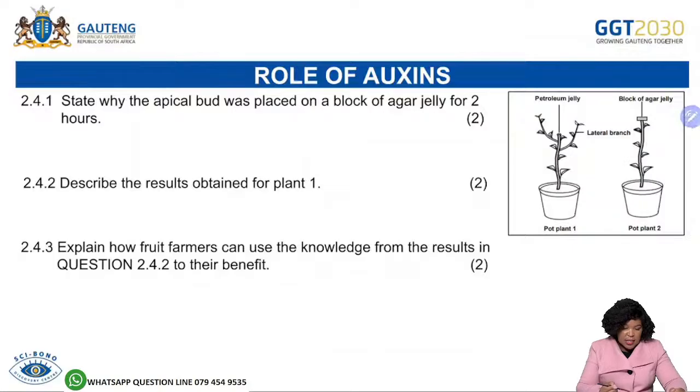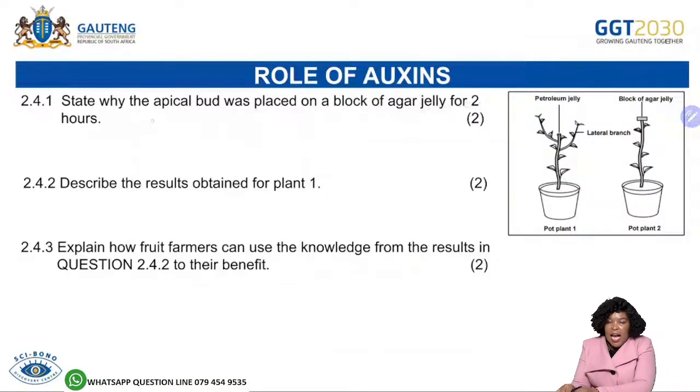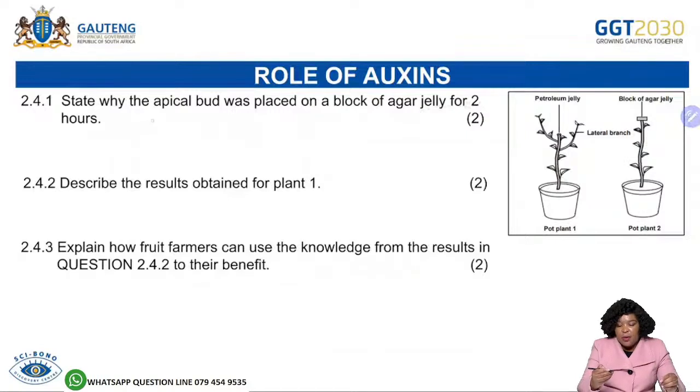Now the first question says, state why the apical bud was placed on a block of agar jelly for 2 hours. Remember, they cut the tip of the stem of pot plant 2. They put that tip on a block of agar jelly and left it for 2 hours. Why were they doing that? What is on the tip? It is the auxins.